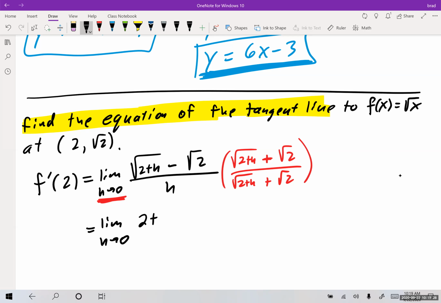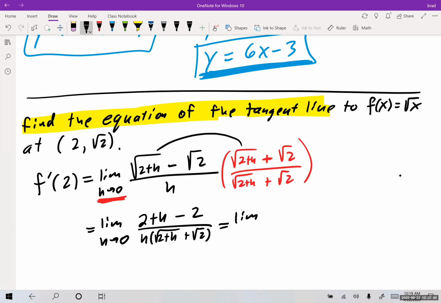So I'm going to multiply by the conjugate, and this will give me the limit as h approaches 0, and this will now become 2 plus h when you distribute. And remember, these are conjugates, so you only have to do the first term and the last term. So that would be 2 plus h minus 2, all over h times (square root of 2 plus h plus square root of 2).